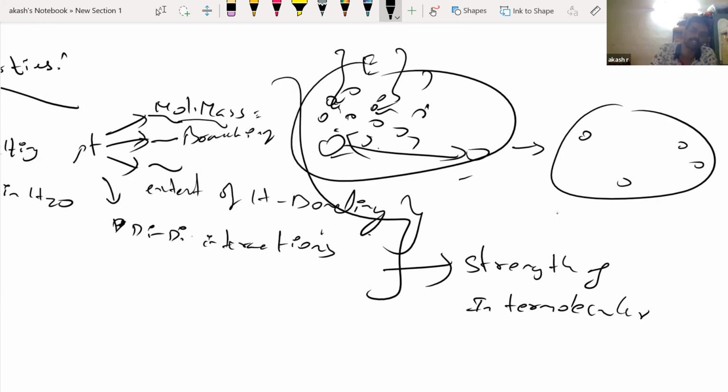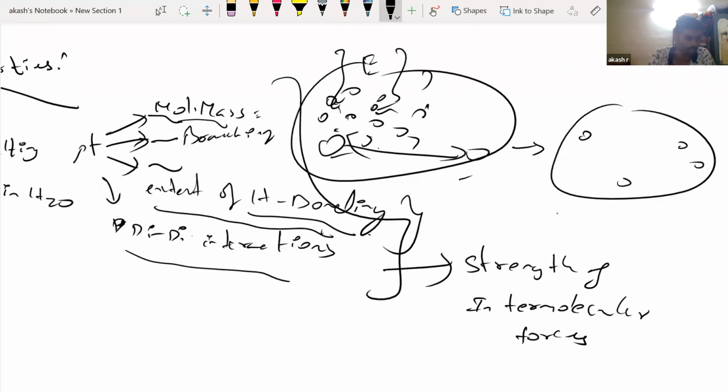Whatever we are telling, molecular mass, branching, extent of hydrogen bonding, strength of dipole interactions, all of them eventually speak only about these intermolecular forces. These 2 are directly intermolecular forces. Hydrogen bonding is one type of intermolecular force, and dipole interaction is again one type of intermolecular force.